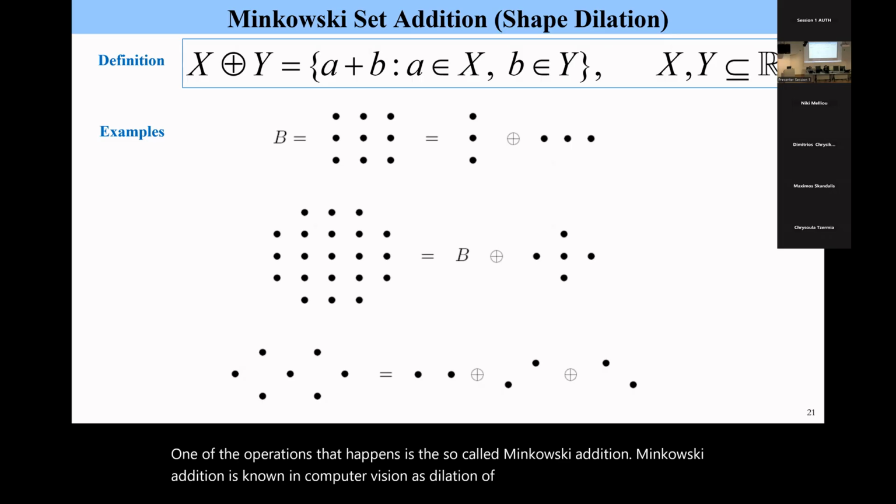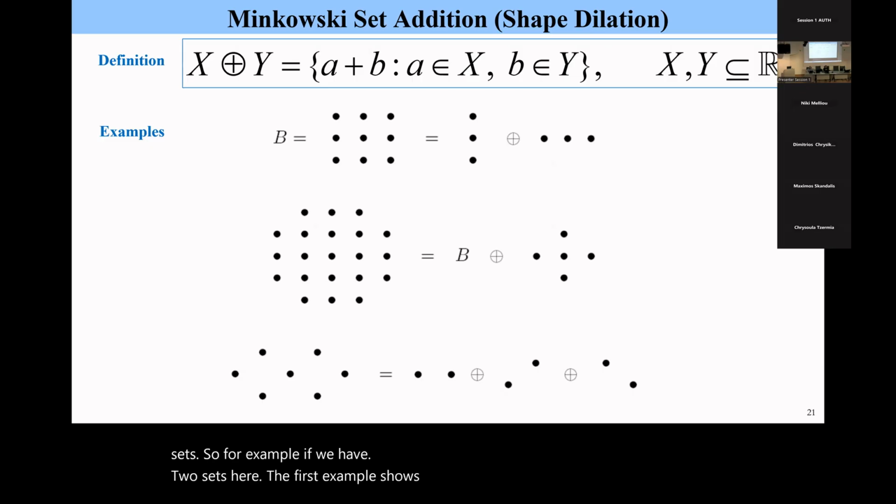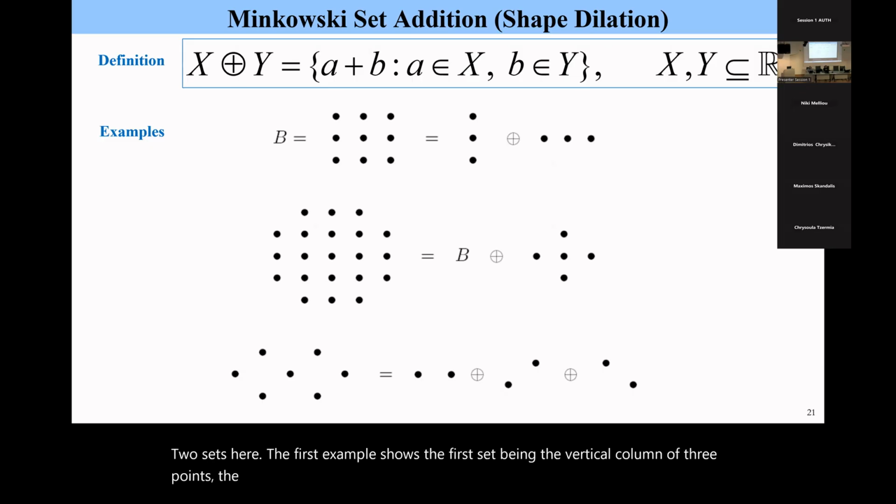Shapes represented by sets. So, for example, if we have two sets, here the first example shows the first set being a vertical column of 3 points, the other set being a horizontal segment of 3 points.